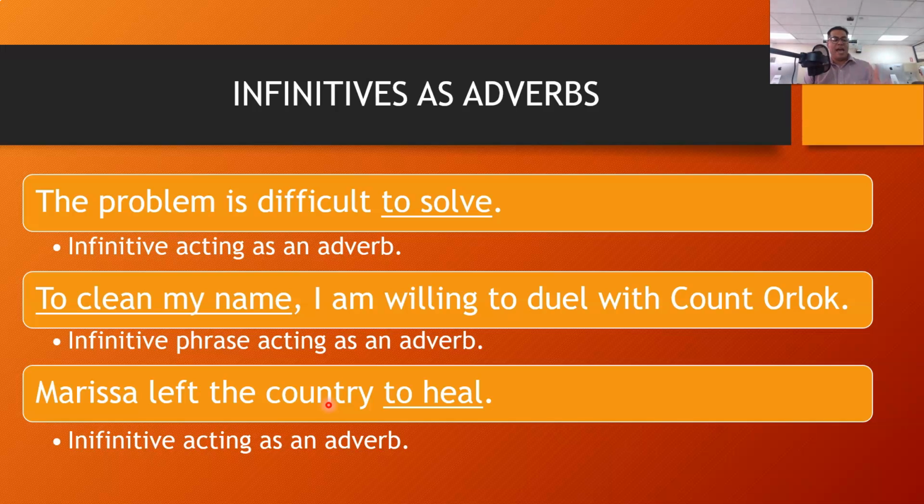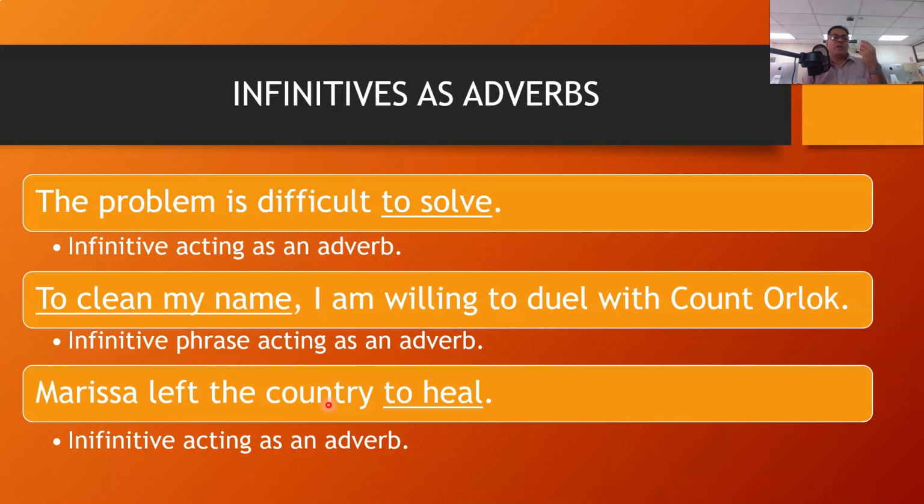Infinitives can be nouns, they can be adjectives, and they can be adverbs. An infinitive as a noun is going to be performing the role of a noun. It can be a subject, an appositive, an indirect object, an object of a preposition.